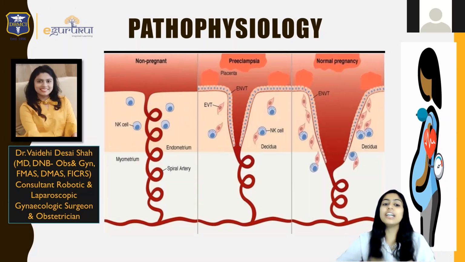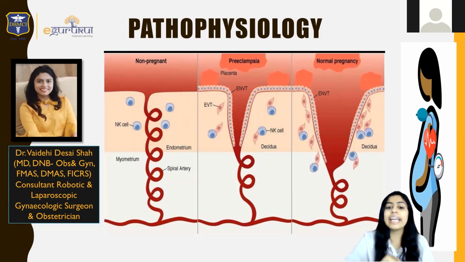So a spiral arteriole which was low caliber and high resistance before pregnancy has now become a high caliber, low resistance vessel. This is in case of normal pregnancy.